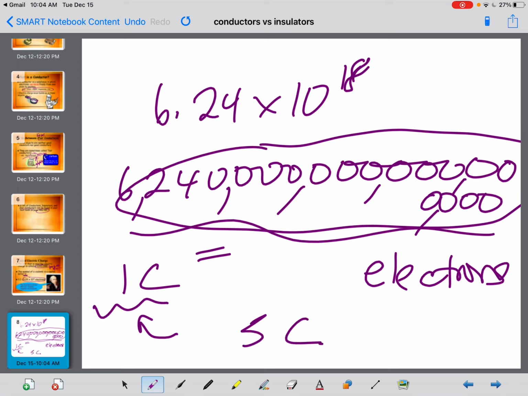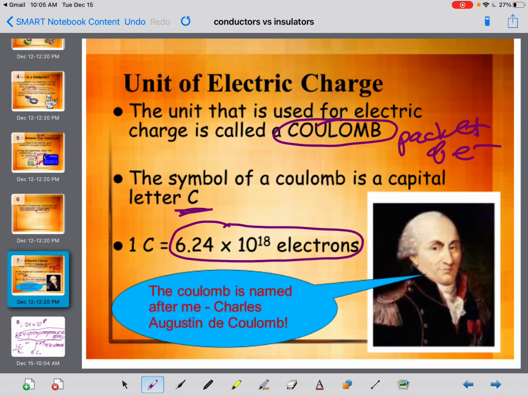That's like having 5 packets of electrons, so it would be 5 times this value. I'm just introducing you to this idea of coulombs. What does a coulomb mean? It's essentially a cluster of electrons that we use to make life easier when we're looking at electric charges that are moving. This will make more sense once we get into the part where we're using calculations involving electric charge.